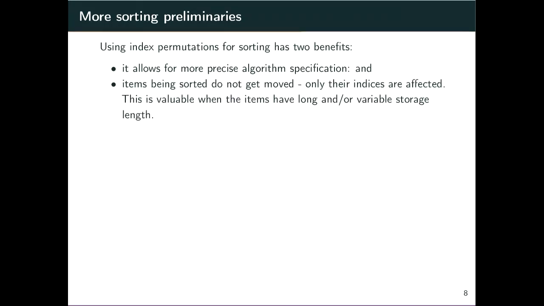Depending on what you're ordering, say you've got a list of programs, you don't want to move them around in the computer because they're big and hard to move. So give them indexing, and then you're just moving the index around. What our sorting algorithm's actually doing is just telling us how we would rearrange things, not actually rearranging them.